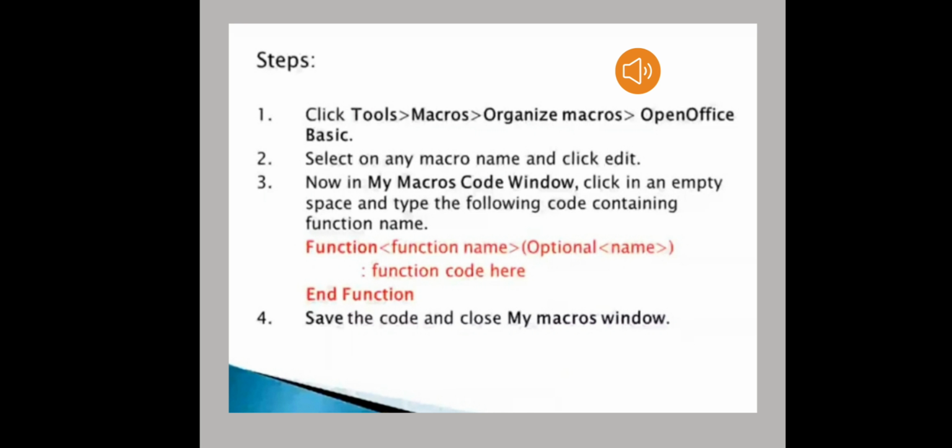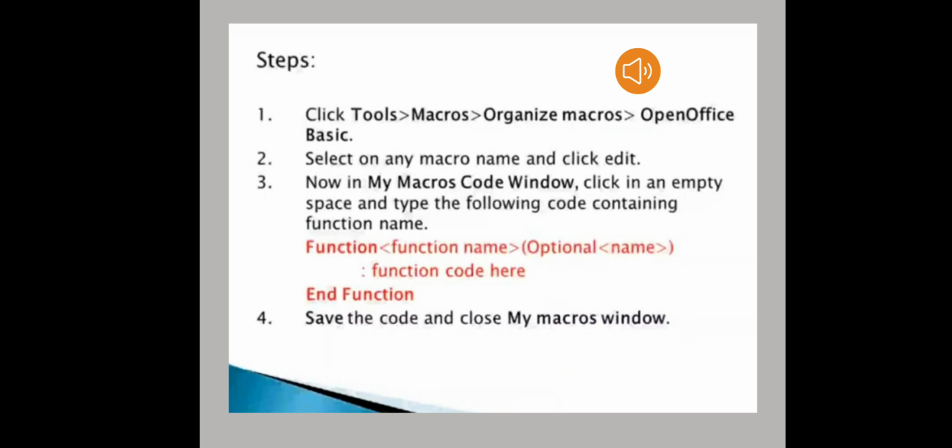And steps are given here. Click Tools, Macros, Organize Macros, open Office Basic. Select any macro name and click Edit. Now in My Macros code window, click in an empty space and type the following code containing the function name.